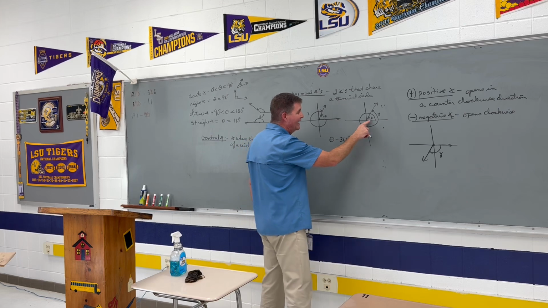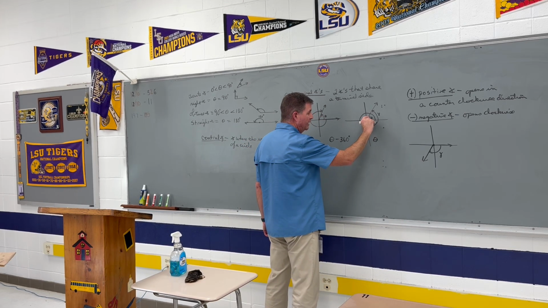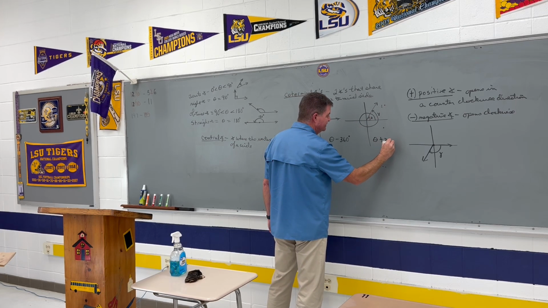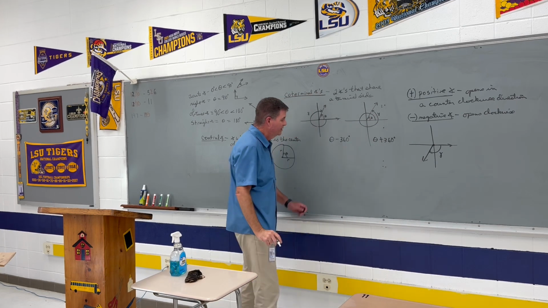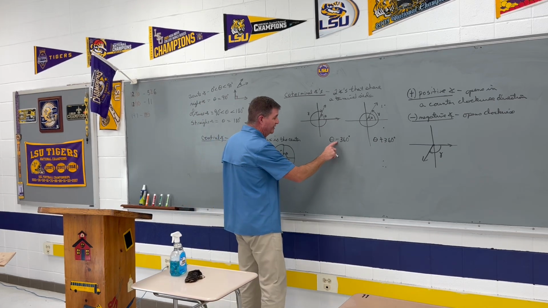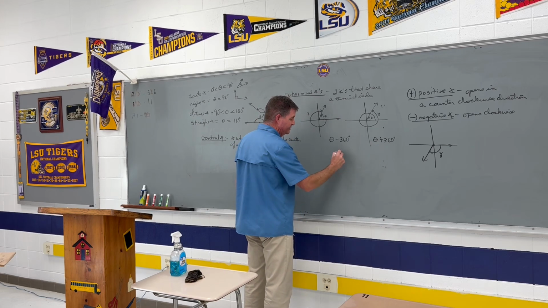On the one that's positive, it's going to be theta plus the whole thing, 360. So that right there is our coterminal angles. If you're looking for the negative angle, it's minus 360. If you're looking for the positive angle, it's plus 360.